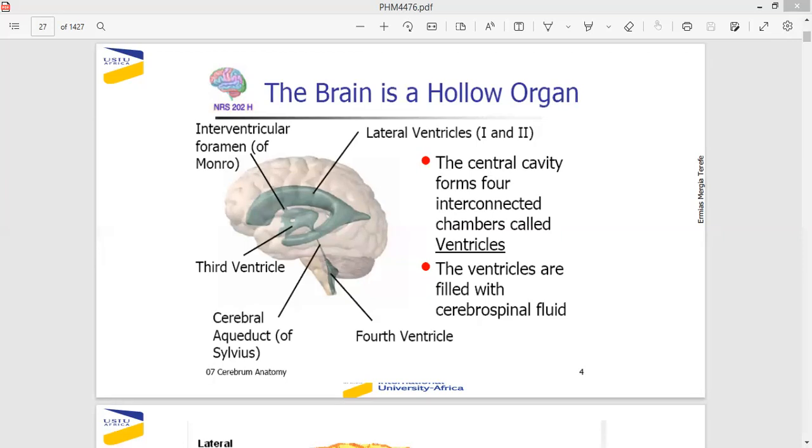Remember, there is no special fluid entering your brain. It's the blood that goes in, and the choroid plexus filters that blood accordingly and gives you your cerebrospinal fluid. So the choroid plexus is critically involved in the formation of the cerebrospinal fluid, which will flow through ventricles 1, 2, 3, and 4.